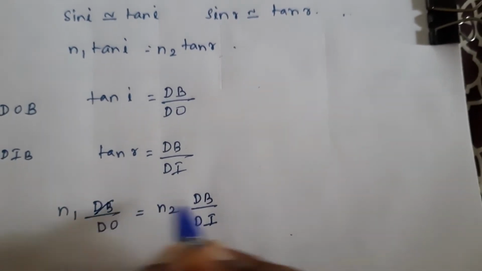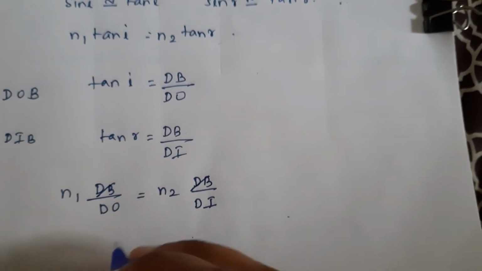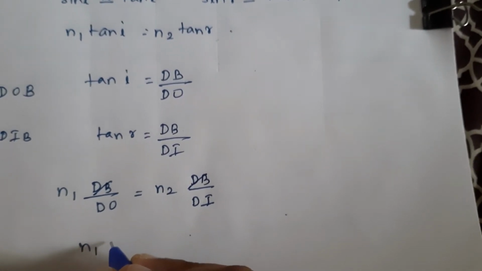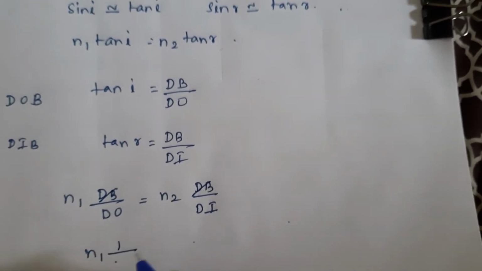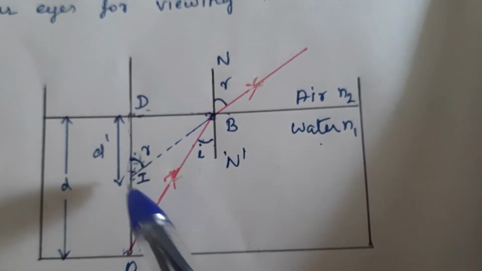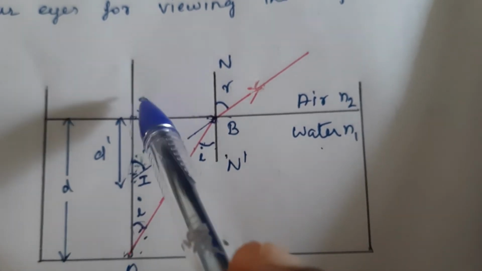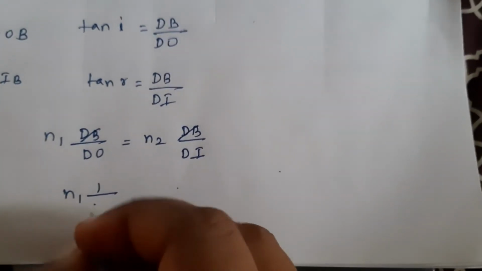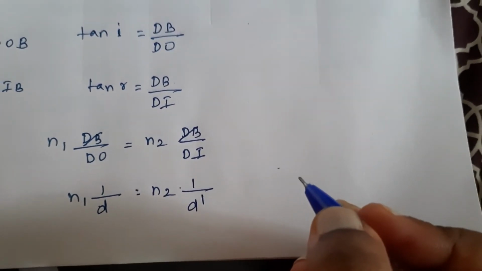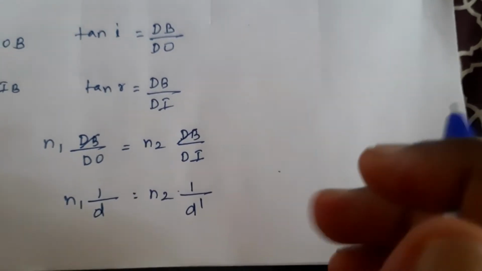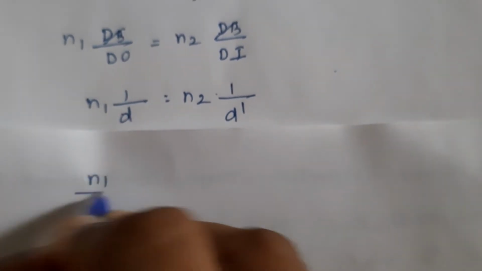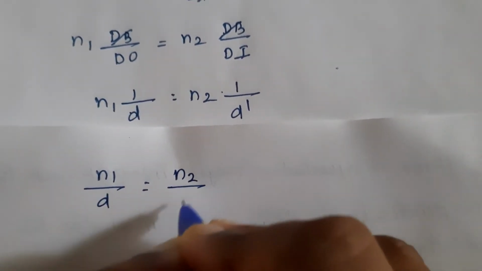We can cancel DB on both sides. Here DO is d and DI is d dash. So N1 by d is equal to N2 by d dash.